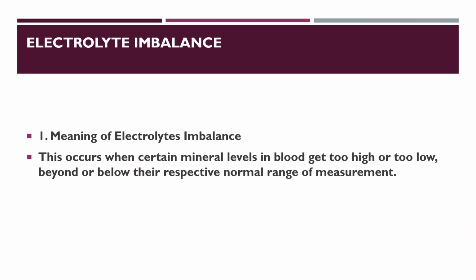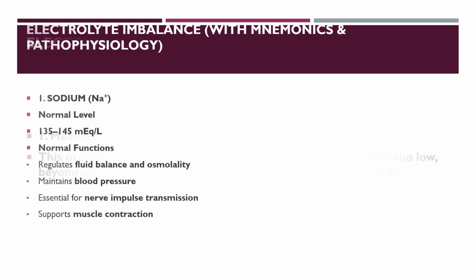So what's electrolyte imbalance? This occurs when certain mineral levels in blood get too high or too low, beyond or below their respective normal range of measurement. So let's take our first electrolyte. We have sodium, which is a cation. The normal level of sodium is 135 to 145 milliequivalent per liter in blood.